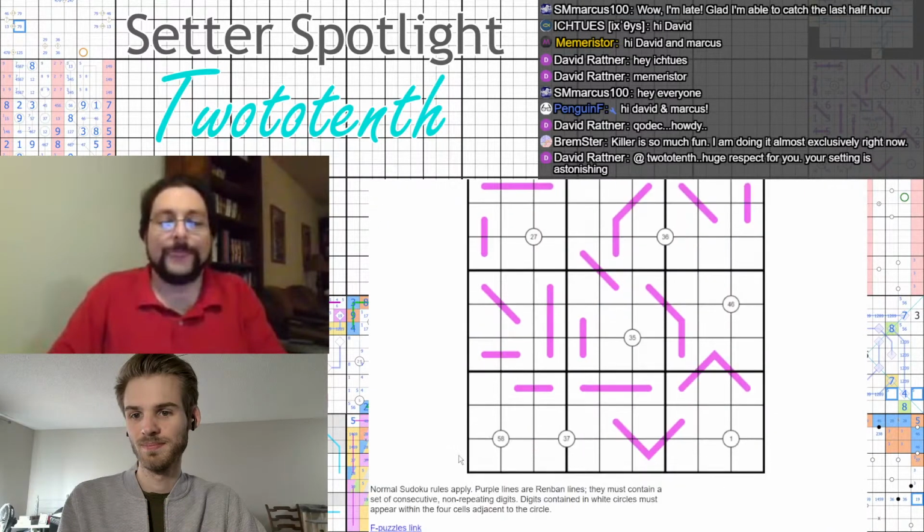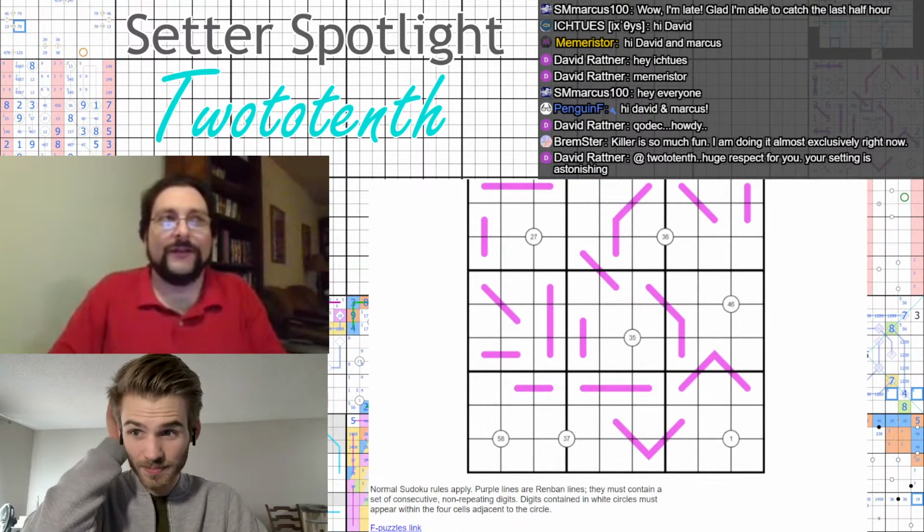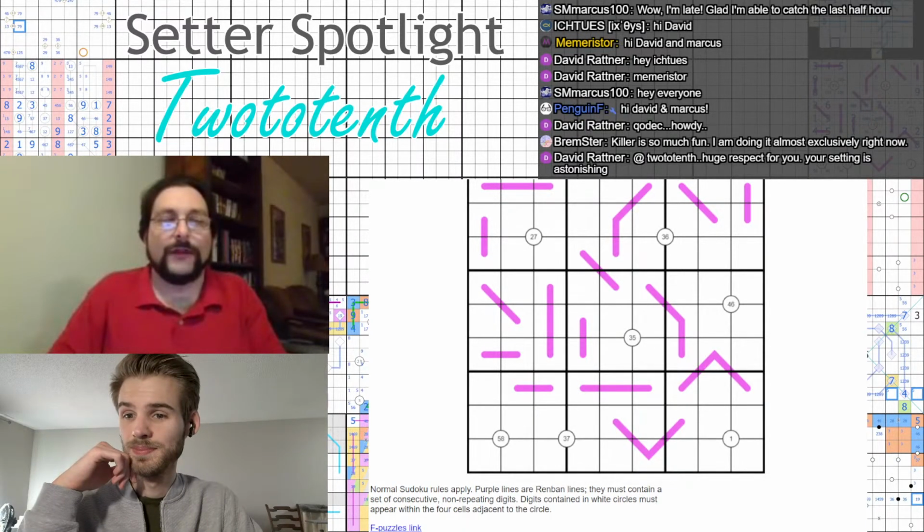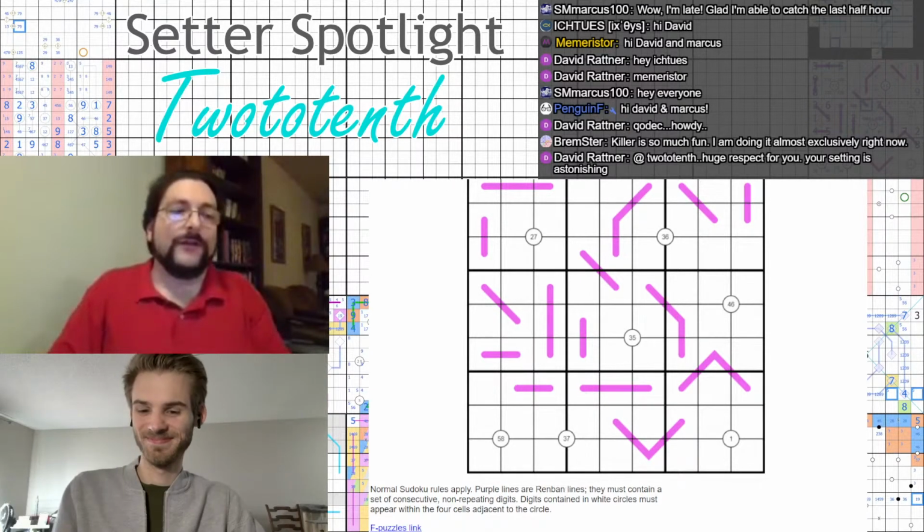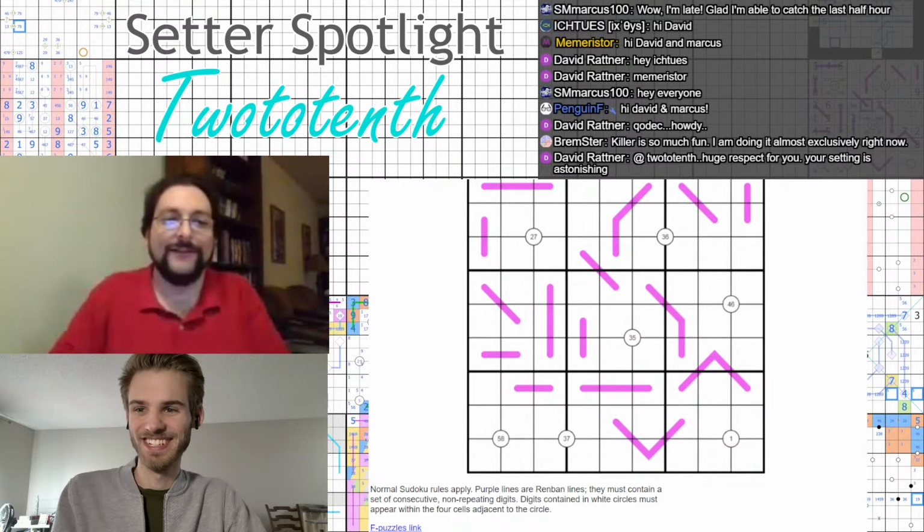But once I had gone through testing, I looked over the grid again and I was like, I don't think I used this clue in the test solve. And so I removed the clue and verified with the solver that the puzzle was still unique, which it was. I was like, okay, that's good. And I did not test solve it again, and that was a bad idea. Completely ruined the solve path.